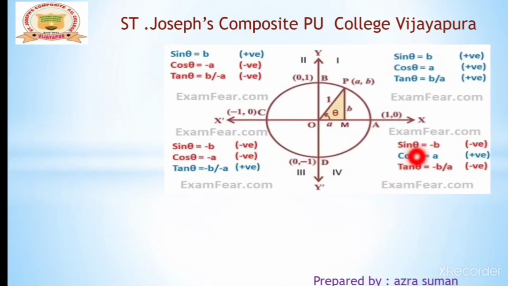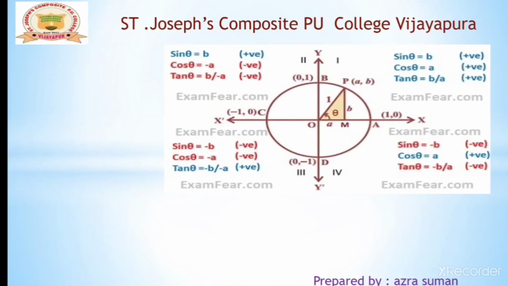So sin theta will be negative and cos theta will be positive, and tan theta is sin theta by cos theta, negative by positive, which is again negative. So in the fourth quadrant, cos theta is positive and its reciprocal sec theta is positive, and the remaining four, that is sin theta, cosec theta, tan theta and cot theta, are negative.